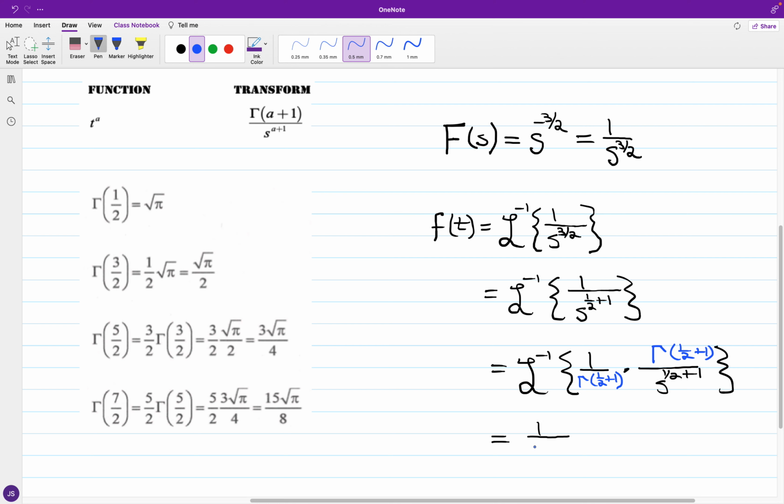Just maintaining the color coordination to show you where we're going, say 1 over gamma of 3 halves times the inverse Laplace transform of, again, gamma of 1/2 plus 1 all over s to the 1/2 plus 1.